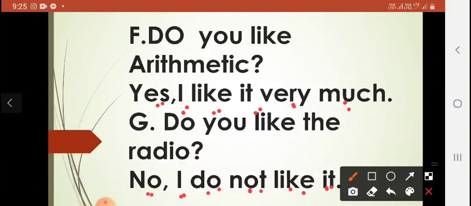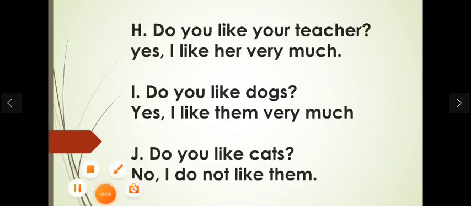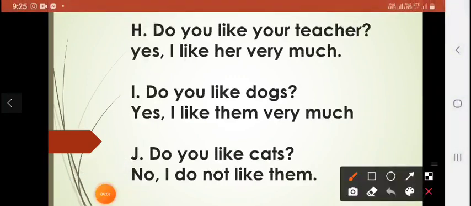Okay, now see the next. Do you like your teacher? Yes, I like her very much. If you like your teacher, answer that. Do you like dogs?